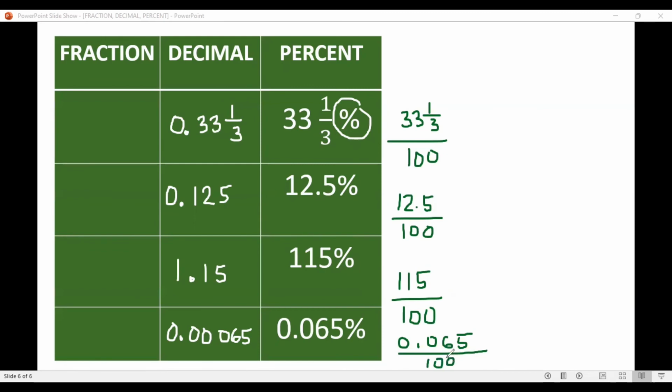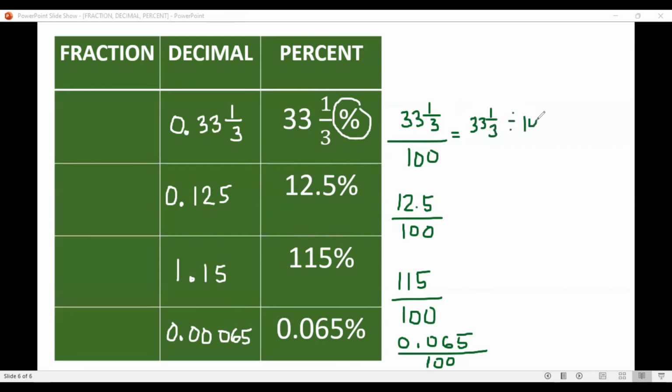Okay? So that's actually the meaning of each of the given terms here. So looking into the first given, wherein you have 33 and 1/3 all over 100, this is actually similar to the one that we had a while ago, wherein we are now having 33 and 1/3, and we are dividing this by 100.